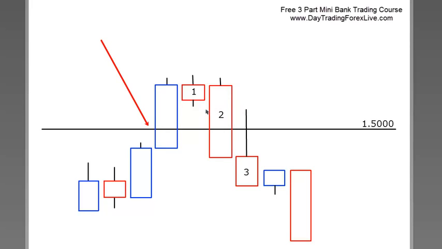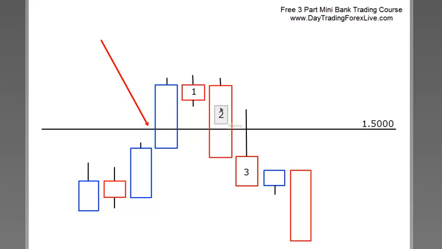So in this type of setup, that would be your small bodied candle in the center. Criteria number 2, in the case of a short, it needs to close in its lower 2/3 section of that candle. And again, what that rule does is simply tell us we have a strong reversal candle, or a strong confirming candle as we call it.